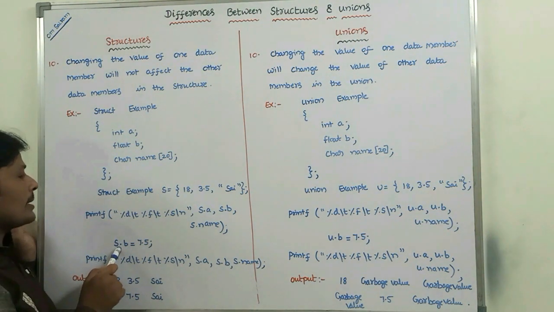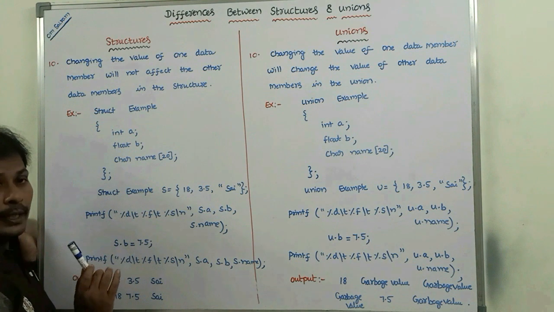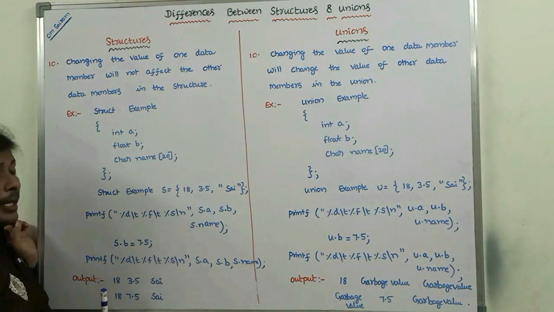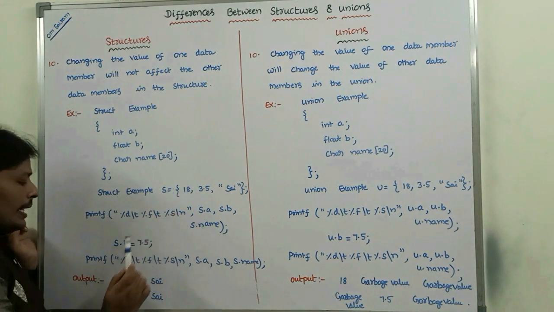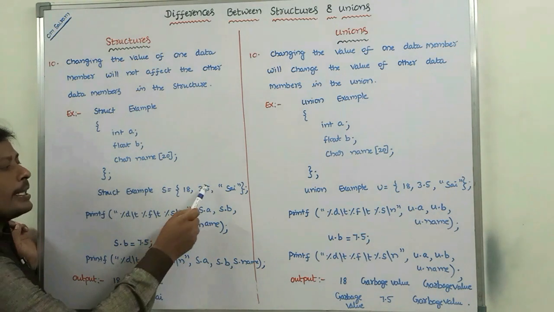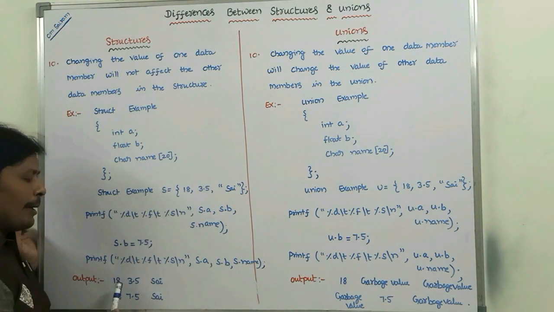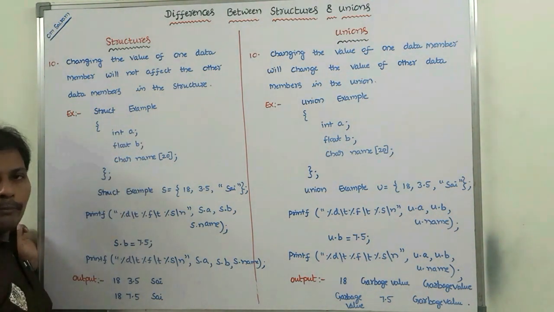Now we are accessing s dot b is equal to 7.5. Again we are printing all the data members. When we are printing all the data members, 18 is printed as it is, and in the place of 3.5, 7.5 is printed, because we are modifying the value of this data member.